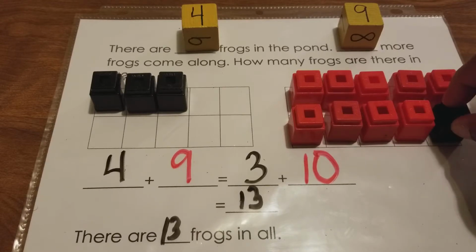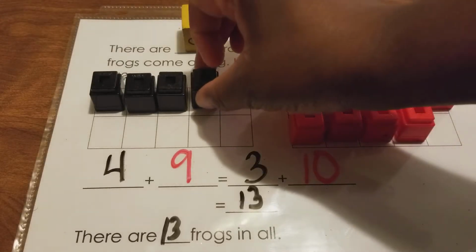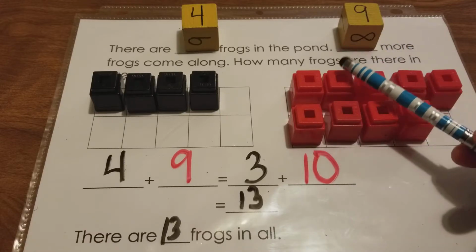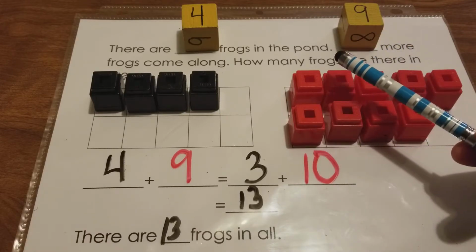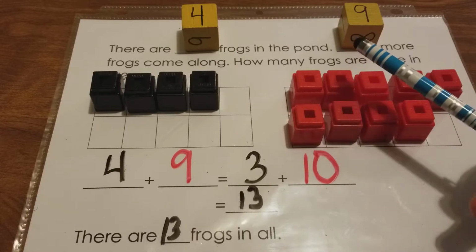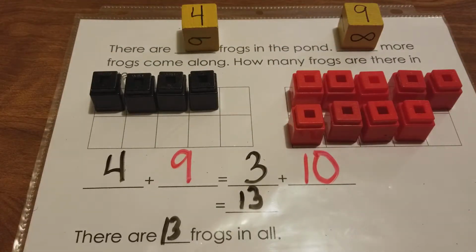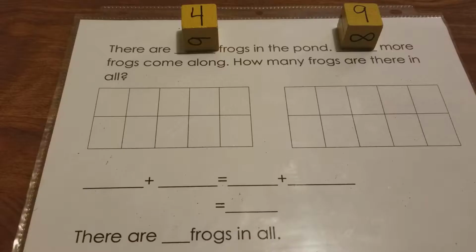What I'll do to check is I'm going to put everything as it was originally, and I'll use another addition strategy to count and make sure that that answer is correct. So let's see, I'll do the count on strategy. Again, I'm just going to start with my 9 because it's the greater number and it'll help me count on faster. So 9, 10, 11, 12, 13. So we were correct. There are 13 frogs in all.